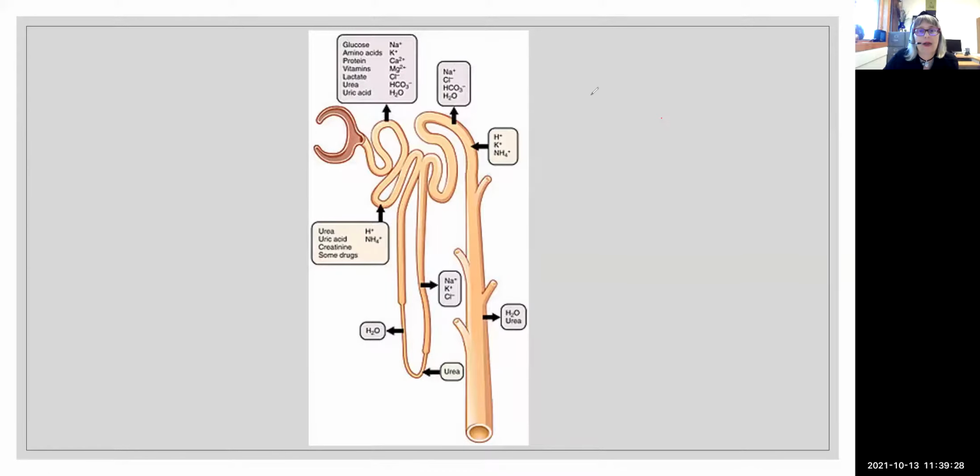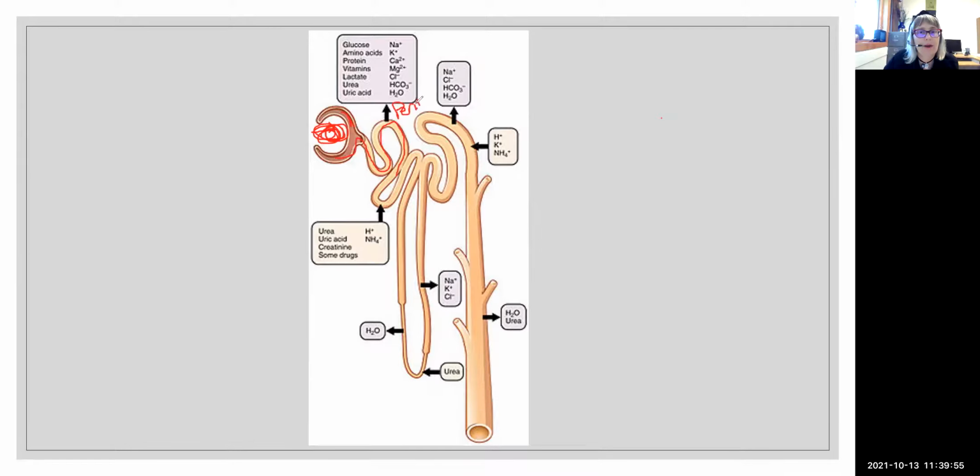All right, so let's start with showing you what happens with filtration. So what are we doing here? Once we have formed filtrate, the glomerulus is filtering the blood, and we have filtrate right in here. This filtrate moves into the proximal convoluted tubule, and so we're going to reabsorb back into the peritubular capillaries.